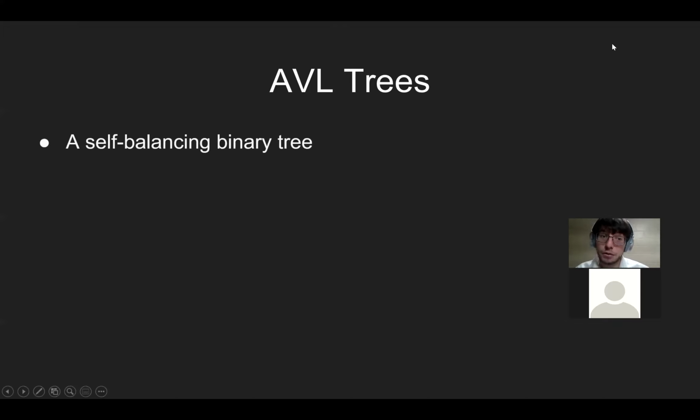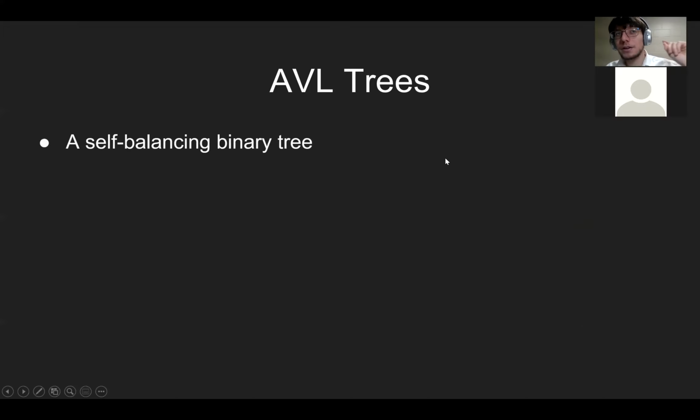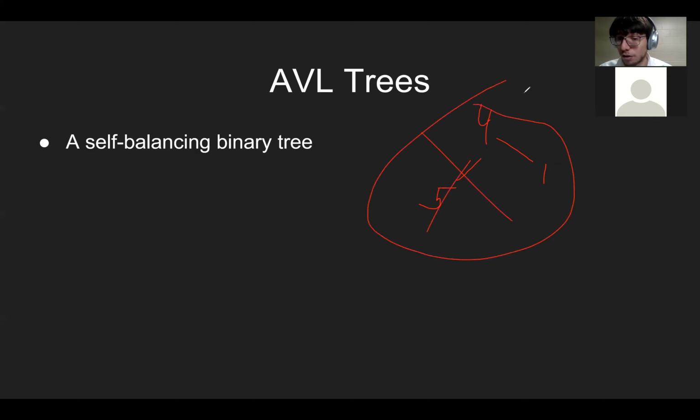First of all, it's a self-balancing binary search tree. So it's a binary tree, but it's also a binary search tree. If I gave you a tree that's balanced but not a binary search tree, something like this, let's say 4, 1, 5, this is a balanced tree, but it's not an AVL tree because it's not a binary search tree.